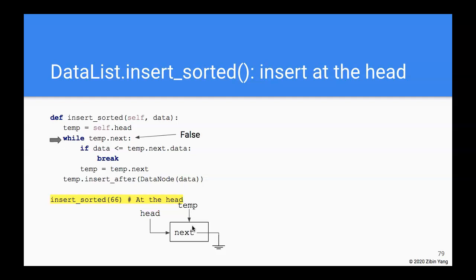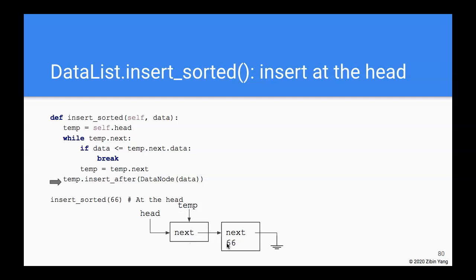So basically, it's not going to be true because temp dot next is going to be pointing to none. So this will be false, and we'll skip to the temp dot insert after the head or the temp.